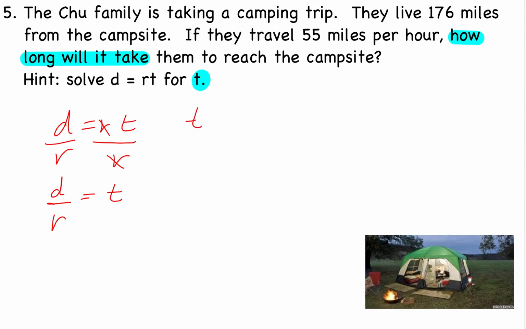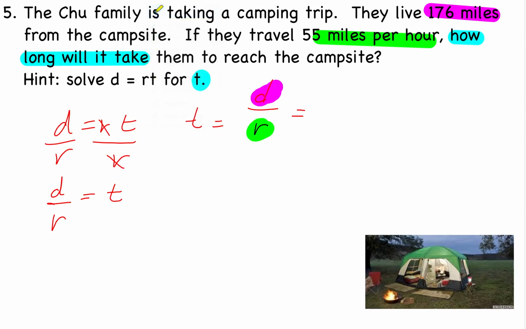So let's figure that out. The time it's going to take them is going to be the distance they travel divided by the rate of speed. Well, the distance that they travel is given in the problem, right? The distance is 176 miles. That's d. Ooh, that's kind of dark. Sorry about that. And the rate that they travel is 55 miles per hour, right?